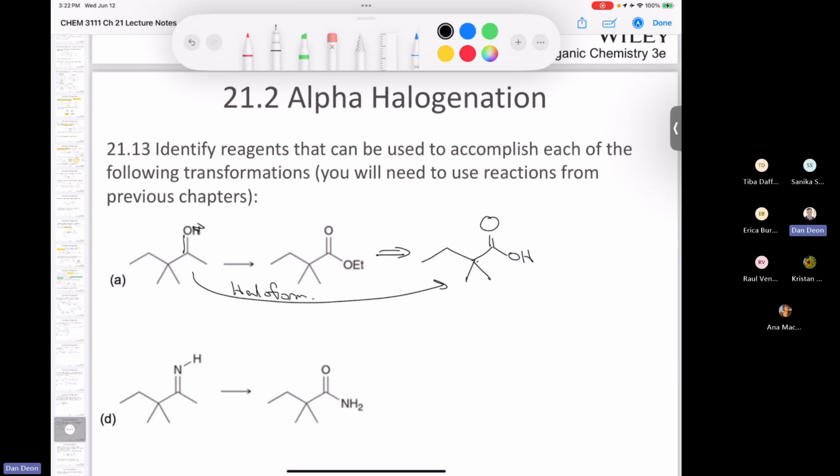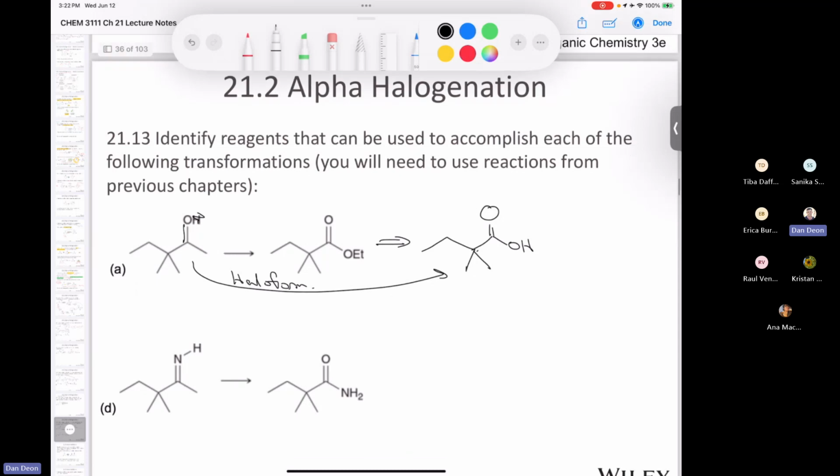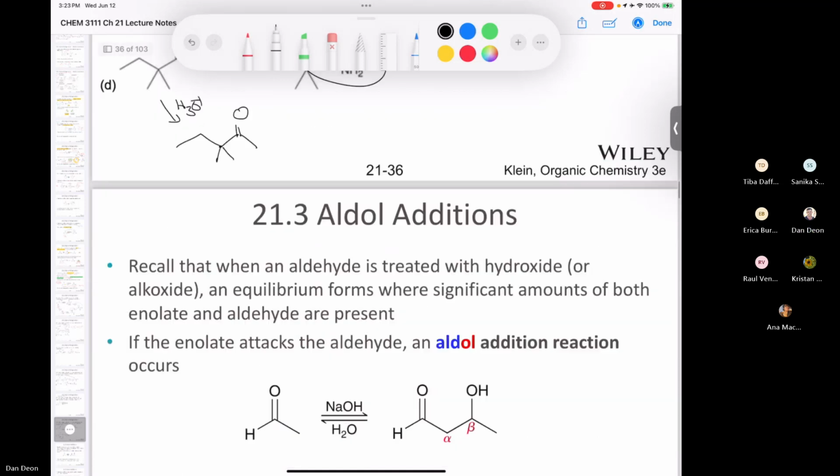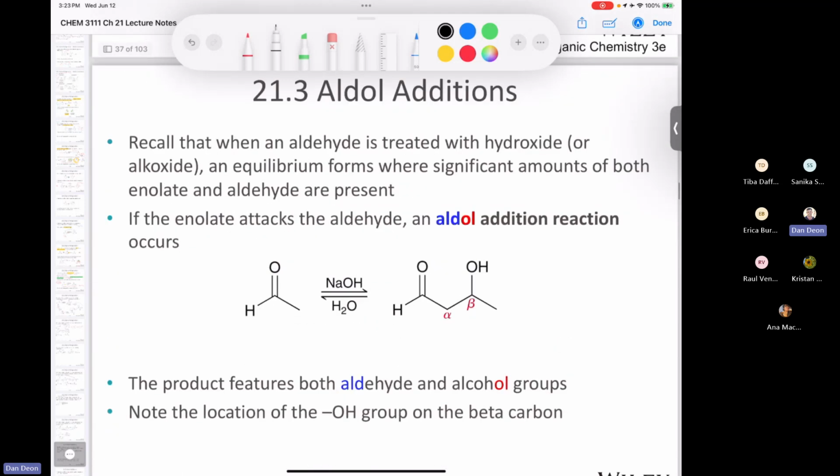So you just need to oxidize the alcohol to the ketone using PCC, do the haloform reaction, and then an esterification. The next one is a Schiff base, which you can hydrolyze with H3O+ to give you the ketone. And then you do a haloform reaction, and then you could make an acid chloride, then ammonia to make the amide. And then that brings us to aldol additions.